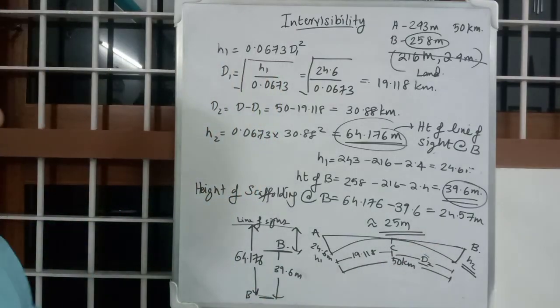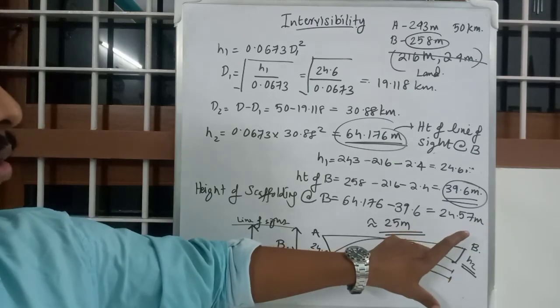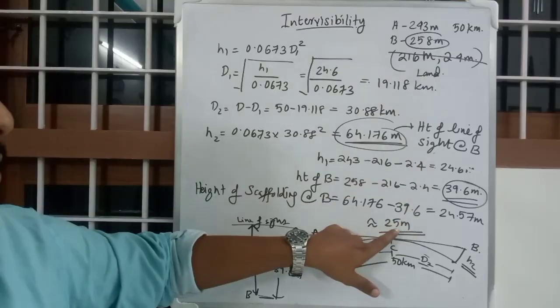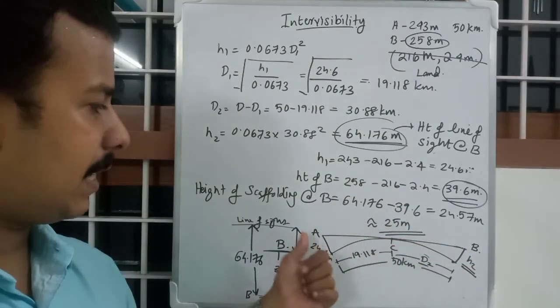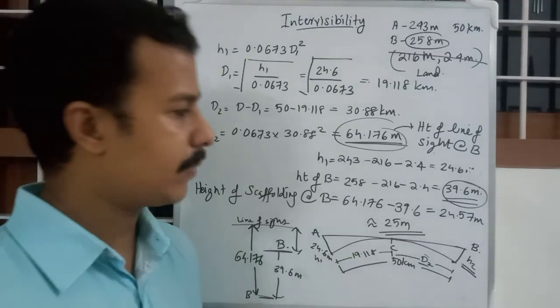So the inference is only if you elevate B to 25 meters more than 258 meters, you will be able to see B from A. Then only intervisibility is possible. Okay, I hope you get it.